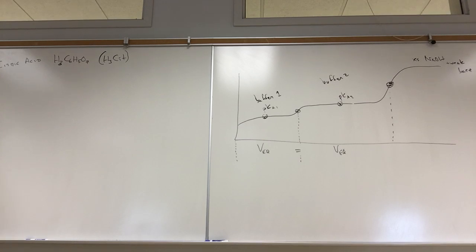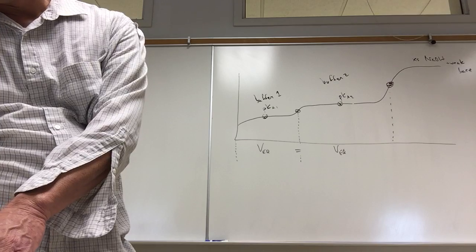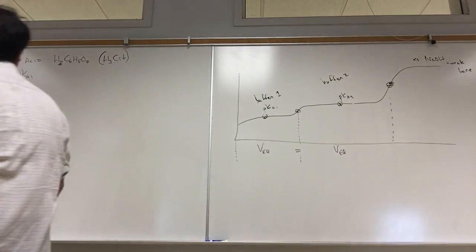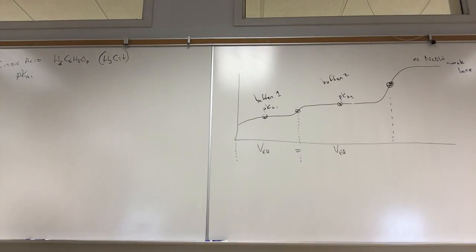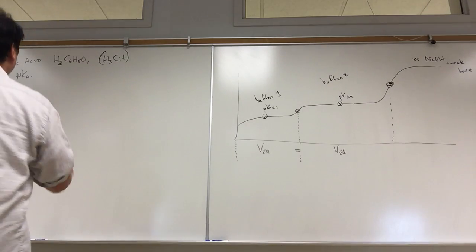If we're looking at something like citric acid, then we could get the pKa's from the table here. pKa1 for citric acid is 3.12, 4.77 would be the second one, and 6.40 would be the last one.